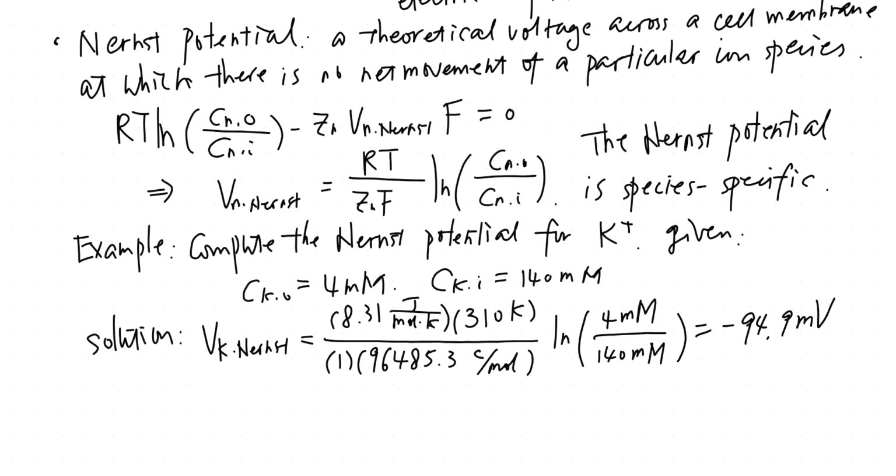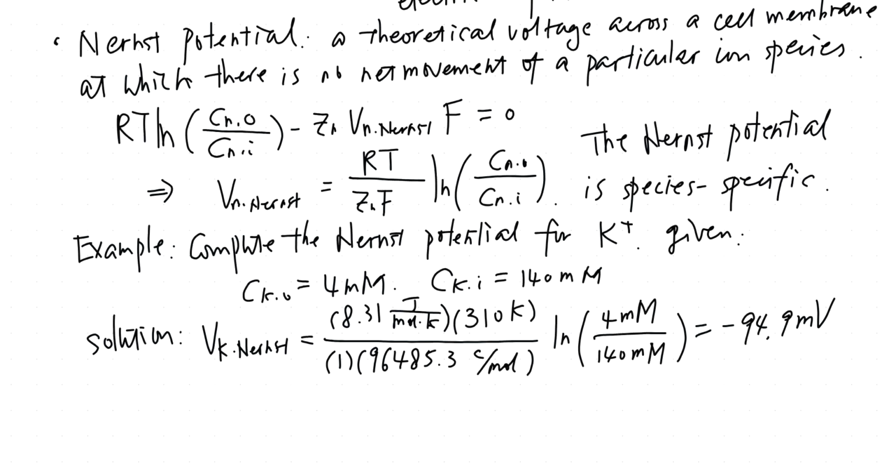That means you need to have a membrane potential to be that negative. You know, we just discussed that under physiological conditions, a regular tissue cell has a membrane potential around negative 60 millivolts. Now, minus 60 millivolts is not strong enough to balance the concentration difference of potassium. It needs minus 94.9, almost minus 95 millivolts.